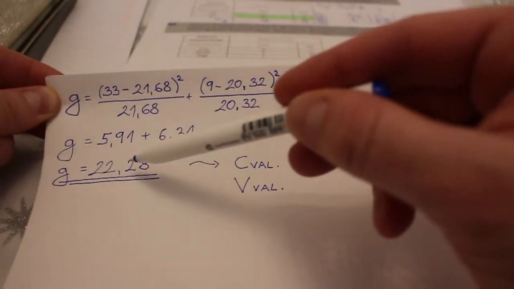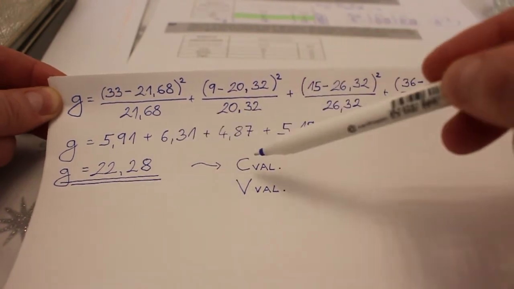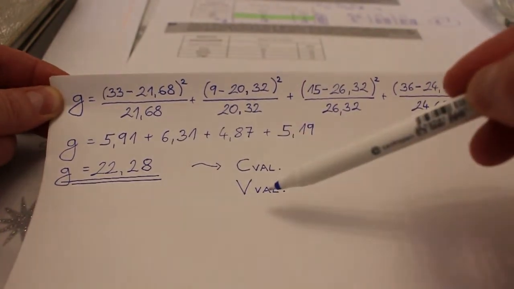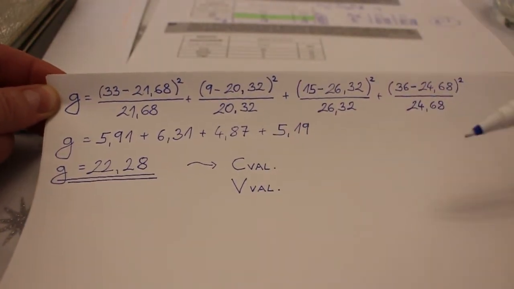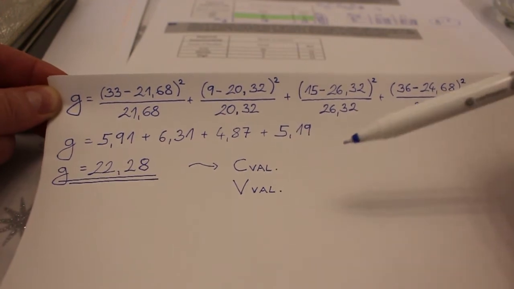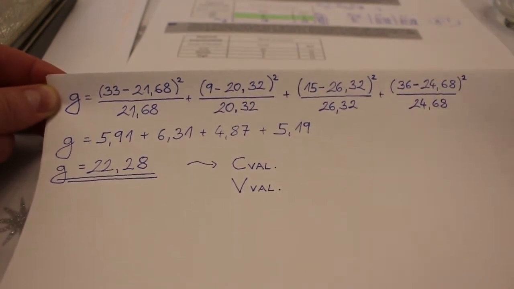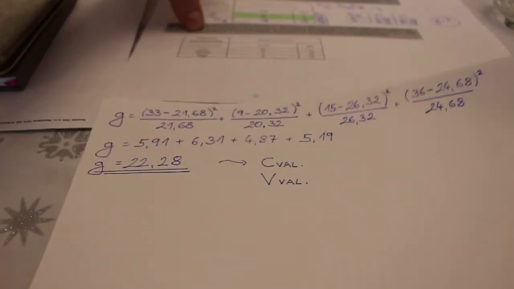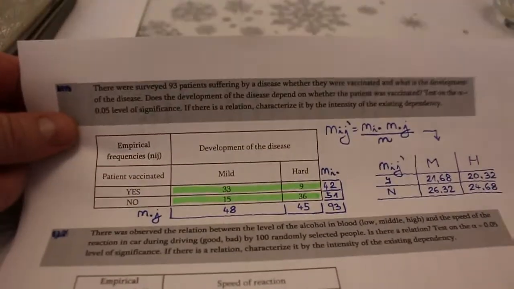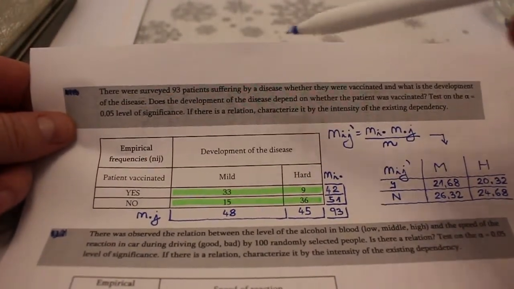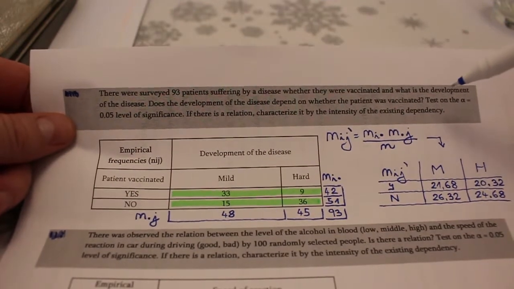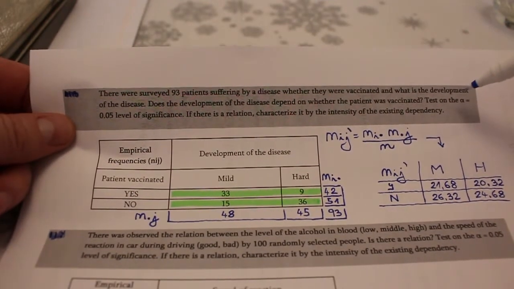And according to the value of G, 22.28, we calculated the C value and V value. Yes, so you already know this. But now we will use this example one more time, and we will run the hypothesis test.